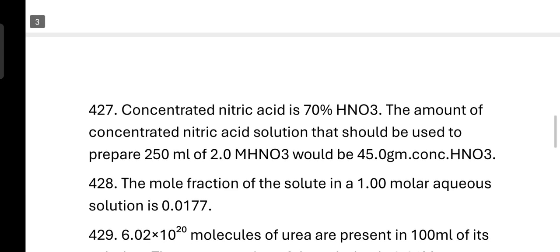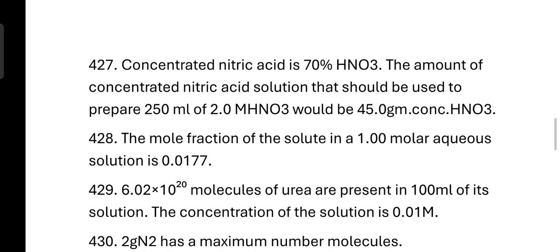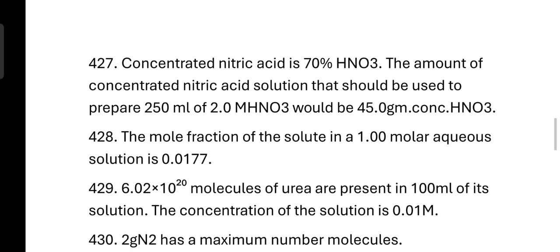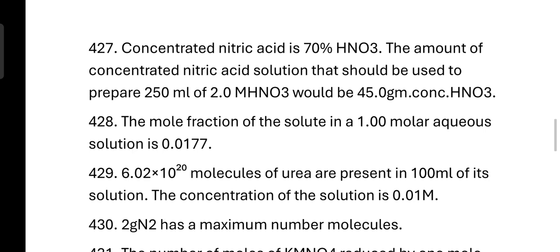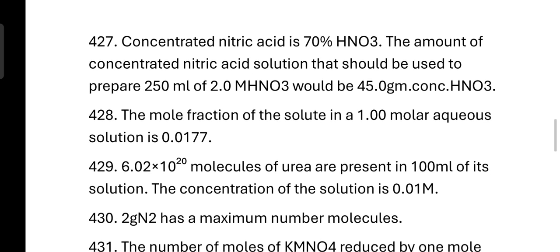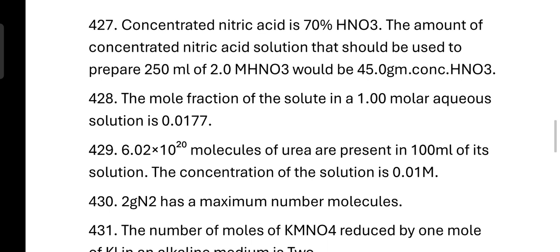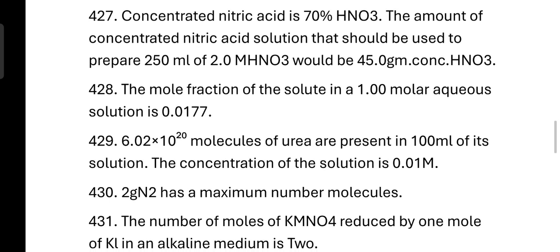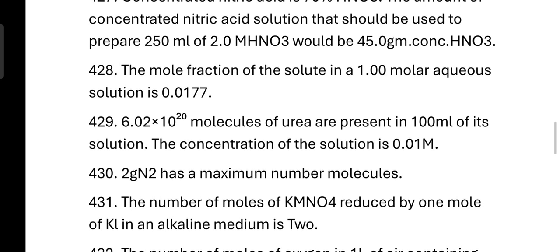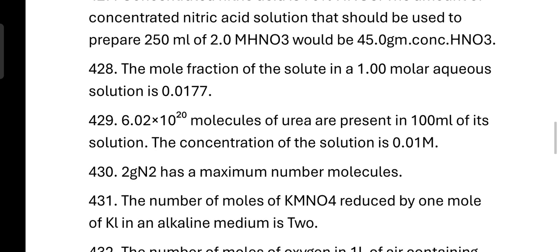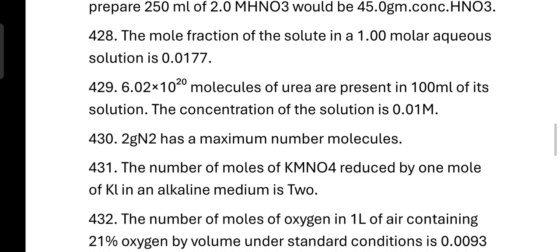Concentrated nitric acid is 70% HNO3. The amount of concentrated nitric acid solution that should be used to prepare 250 ml of 2.0 M HNO3 would be 45.0 grams concentrated HNO3.